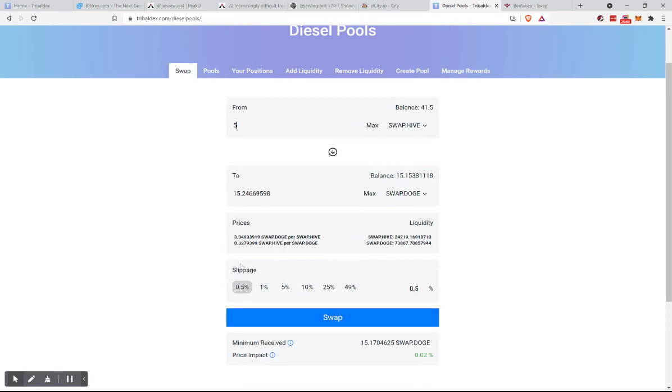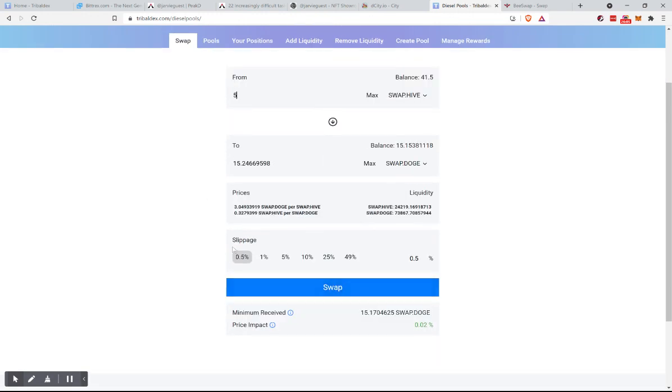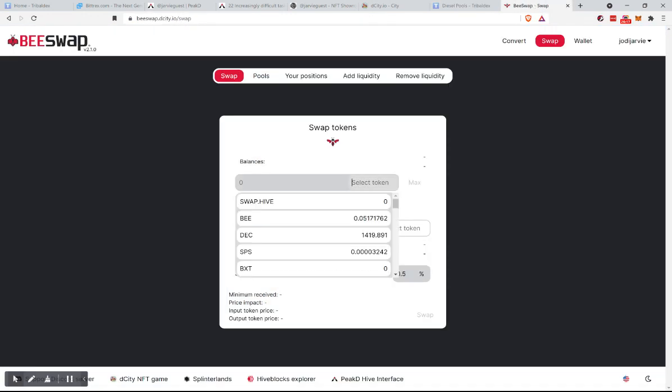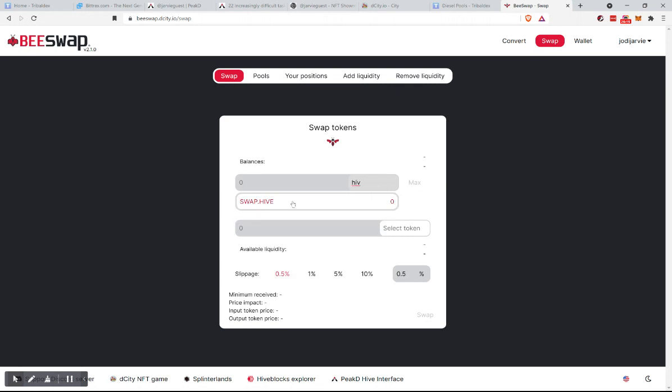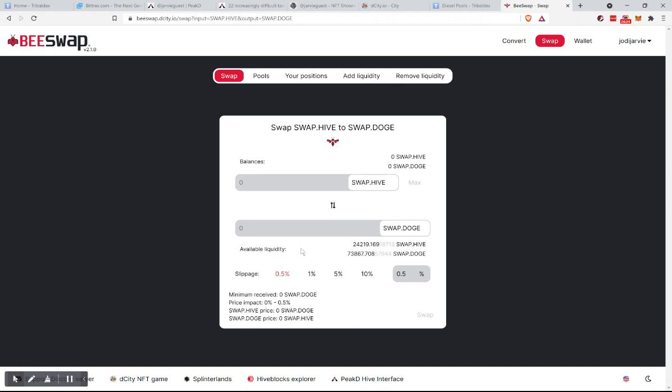slippage. We don't really care that much about slippage, it's just bad interface, sorry. Slippage doesn't really matter that much in a system that takes 3 seconds to rectify. You're worried more about slippage in things like Ethereum when it takes 20 minutes. Actually, that's why I like BSwap, because when you go to Doge, they tell you the price, well, you have to put the number in.